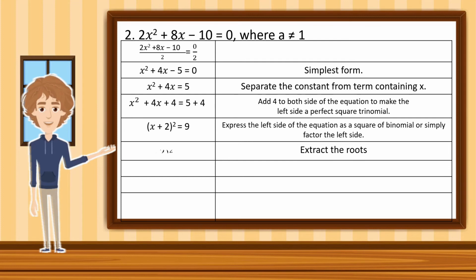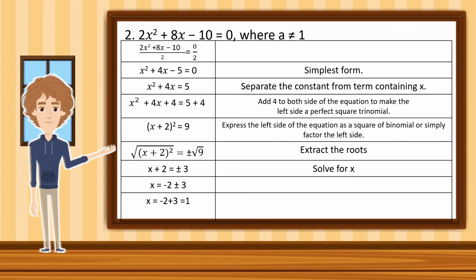And then it's now time to extract the square root. The square root of x plus 2 quantity squared is equal to positive or negative square root of 9. And then solve for x. We have x plus 2 is equal to positive or negative 3. And then x is equal to negative 2 plus or minus 3.